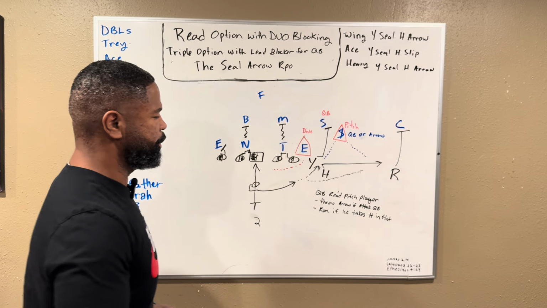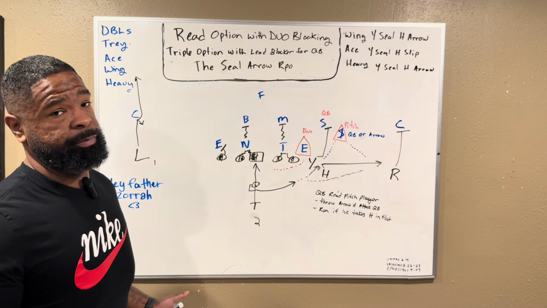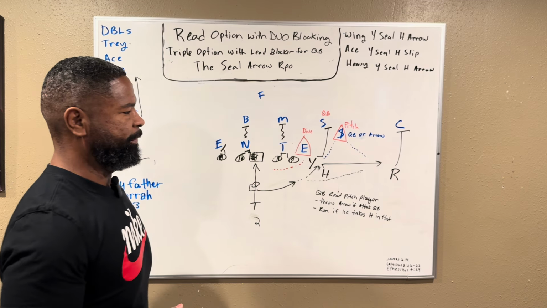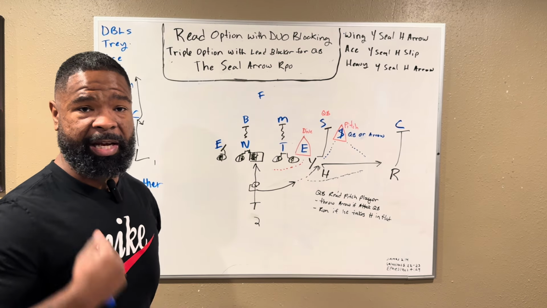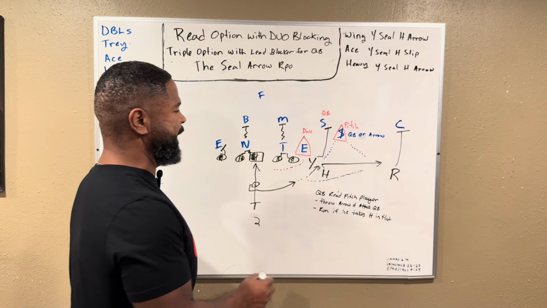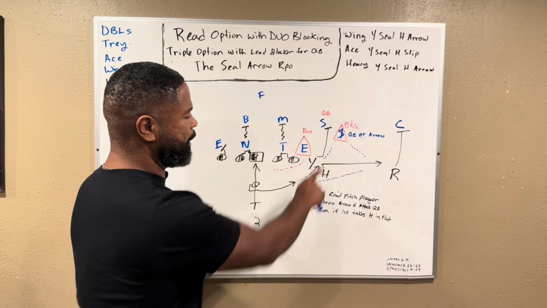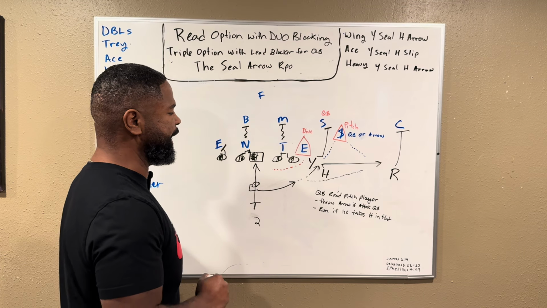Do I chase the H out to the flat? That's his responsibility in this defense. It's likely going to be the flat. Okay? If it's man-to-man, this is my man. And he goes to the flat, I go to the flat. Great. So if that be the case where he's in man coverage, he goes to the flat, or I'm in zone coverage and I've got this flat over here as my flat responsibility, I'm going to the flat.